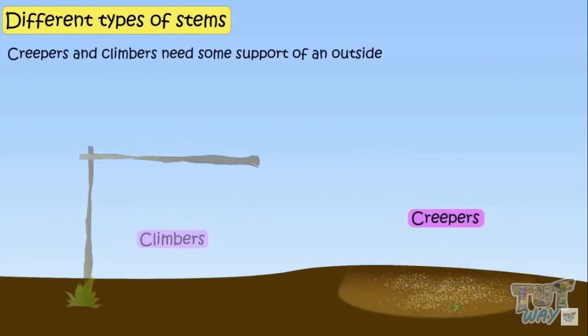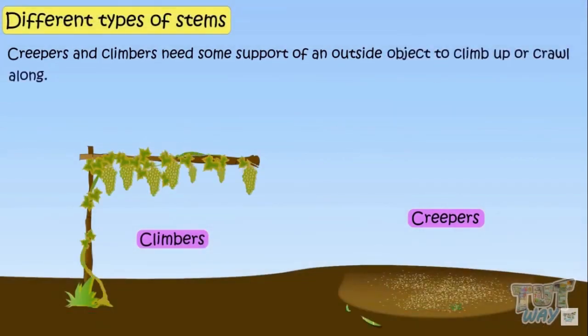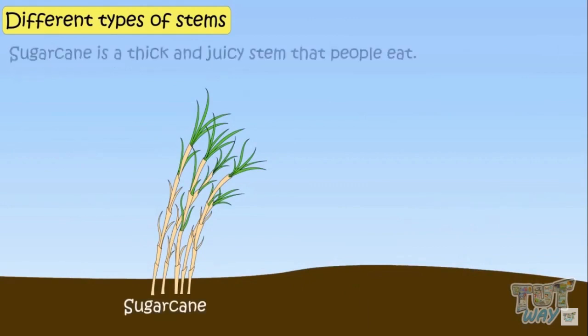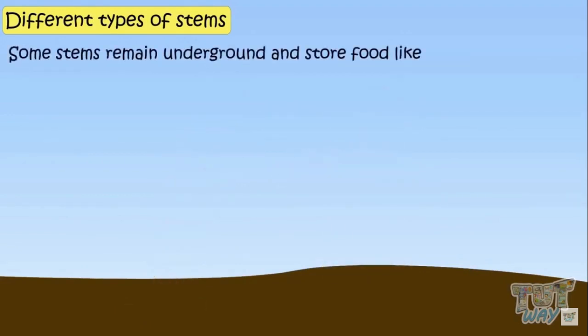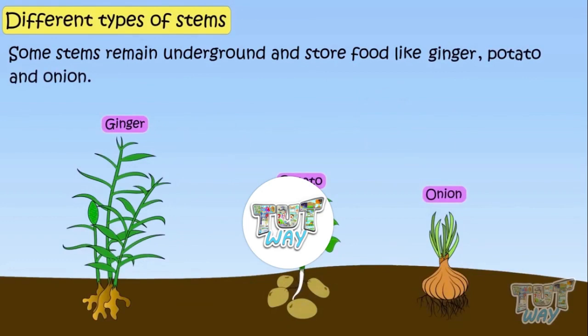Creepers and climbers need some support of an outside object to climb up or crawl along. Some stems are thick and juicy. For example, sugarcane. Sugarcane is a thick and juicy stem that people eat. Some stems remain underground and store food like ginger, potato, and onion. These are actually stems that we eat.